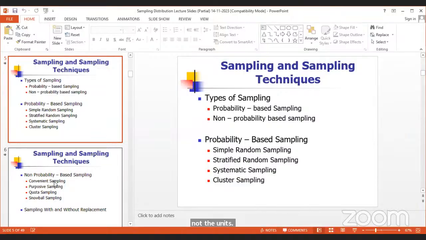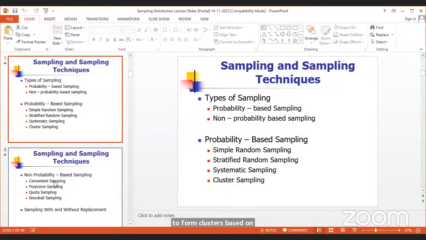Unlike stratified sampling, where the population is divided into strata, and then from each stratum we apply simple random sampling, under cluster sampling, population units are grouped to form clusters based on geographical proximities.